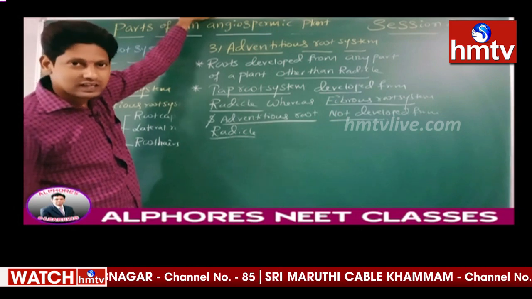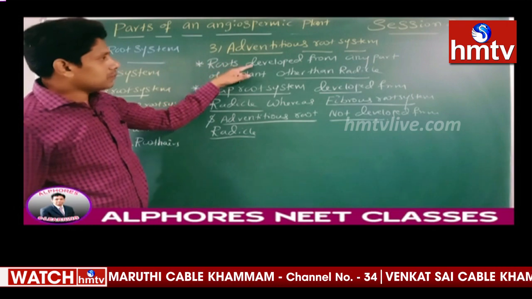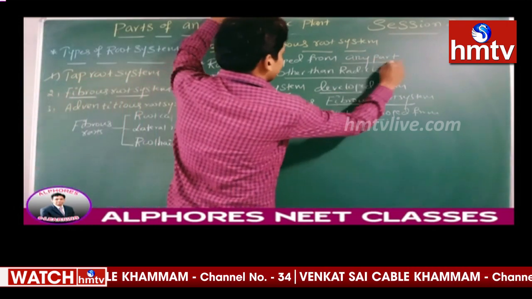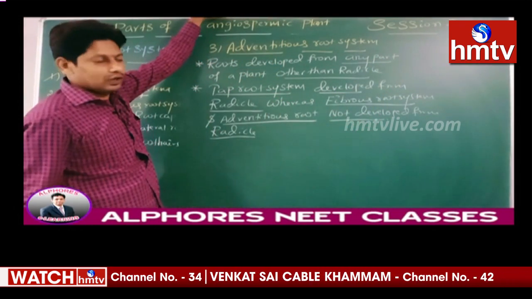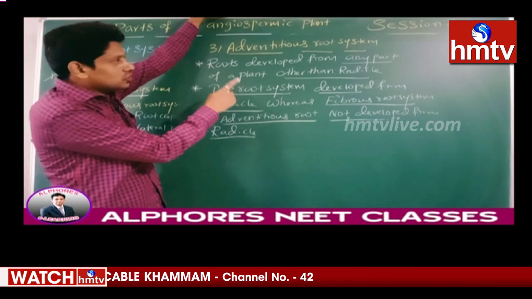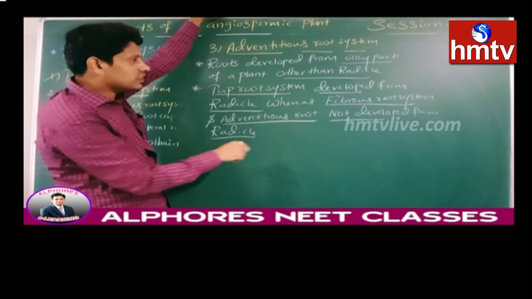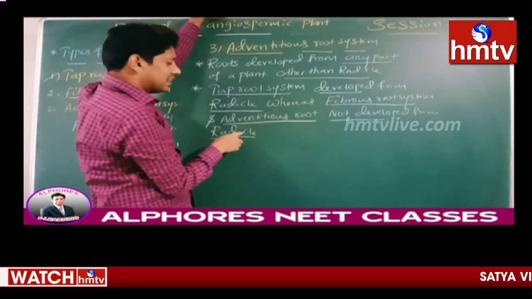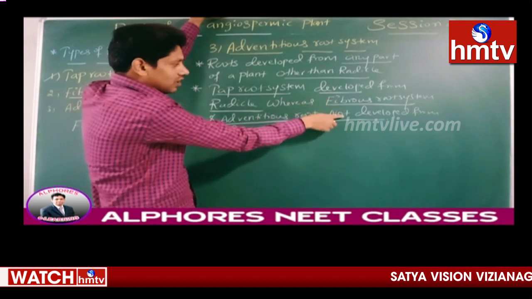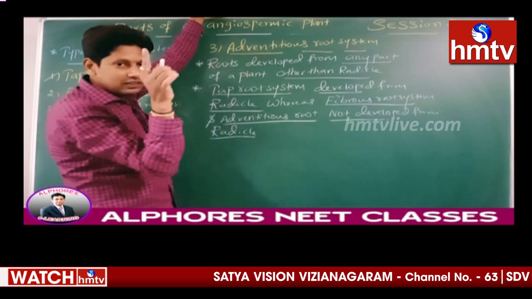Is it okay? Right. Now listen to this statement. Roots developed from any part of the plant other than the radicle, we should call them adventitious roots. Yes or no? Do fibrous roots develop from the radicle? No. Therefore, all fibrous roots are adventitious roots.